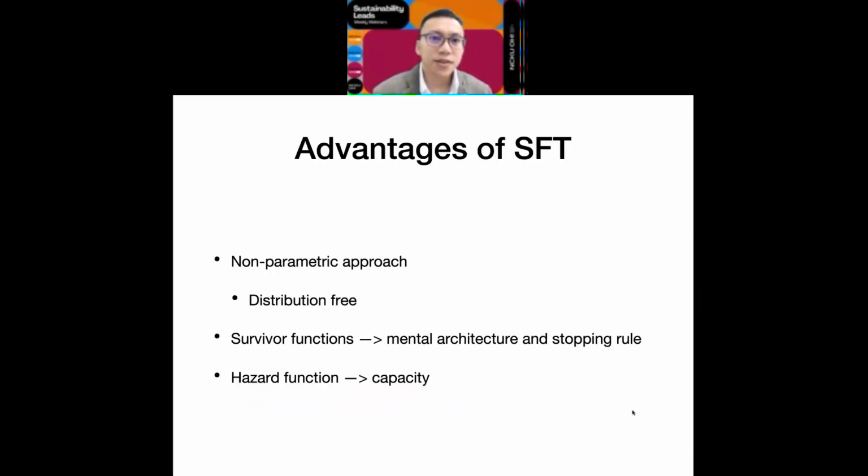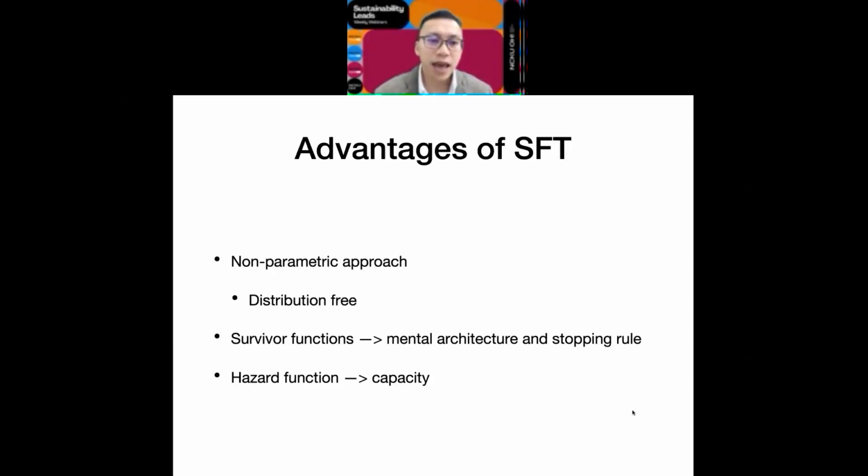There are several advantages of SFT. As I mentioned, the problem for the conventional methodology is the problem of model mimicry, and SFT is designed to solve this problem. SFT is also a non-parametric approach, which means it is distribution free.